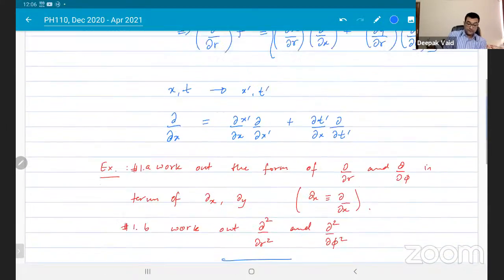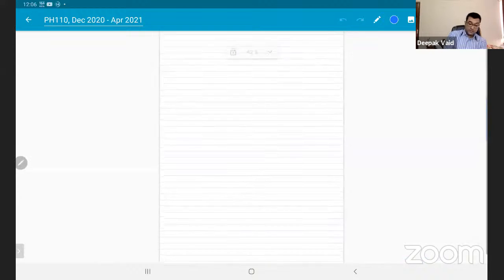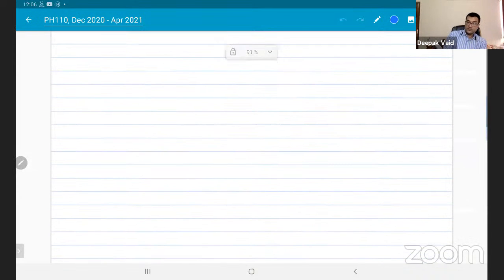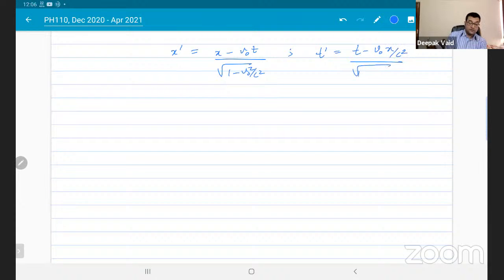Okay. So I'll just write down the form of the Lorentz transformation today. Right. Now the thing is that this is the Lorentz transformation.